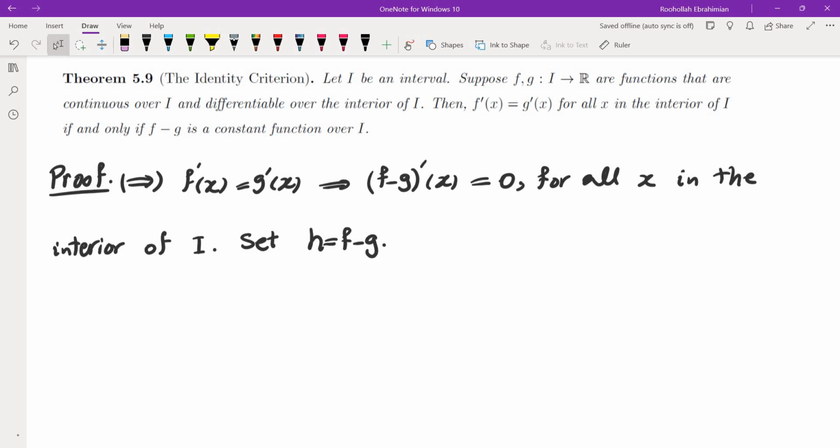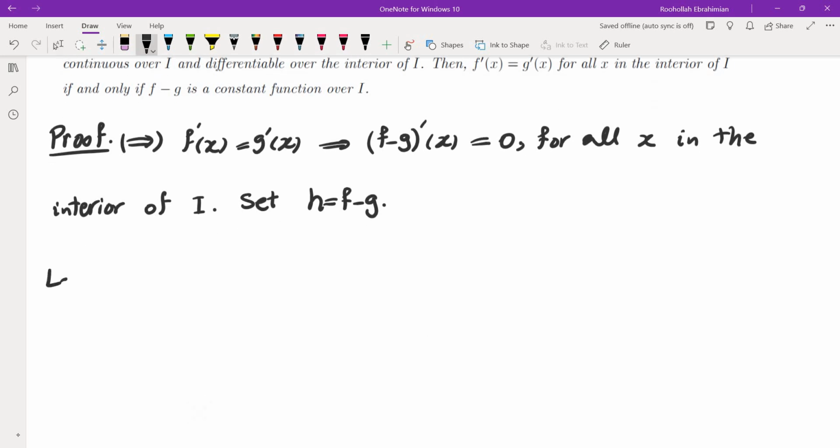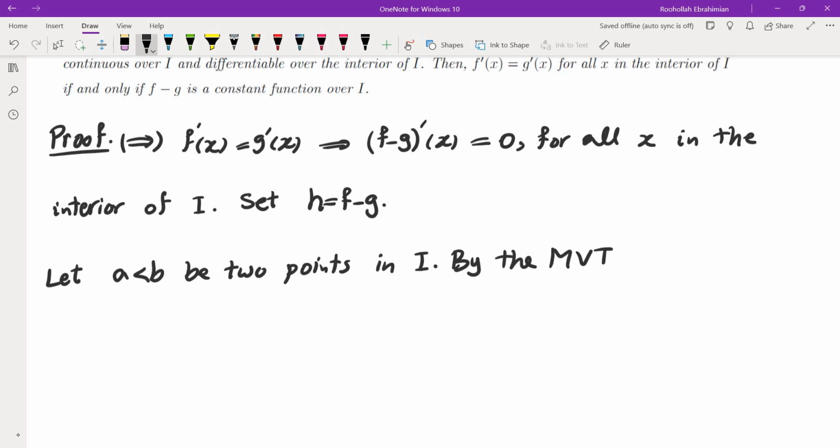So let's take two points inside I. Let a less than b be two points in I. Now, by the mean value theorem, since we know h is a continuous function over the closed interval a b, and differentiable over the open interval a b, we can use the mean value theorem.